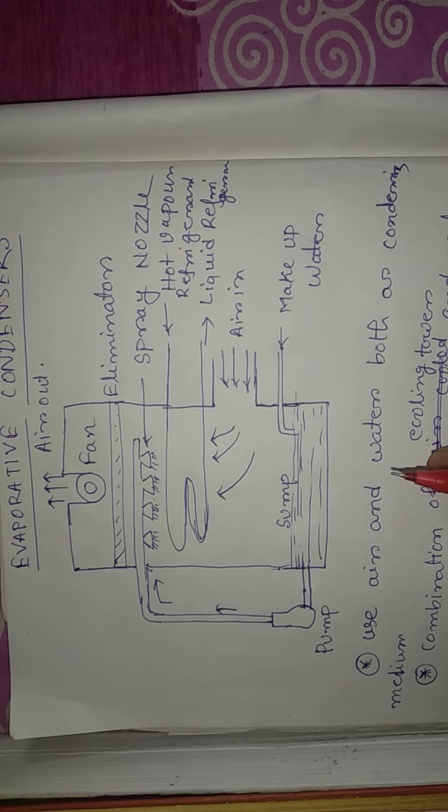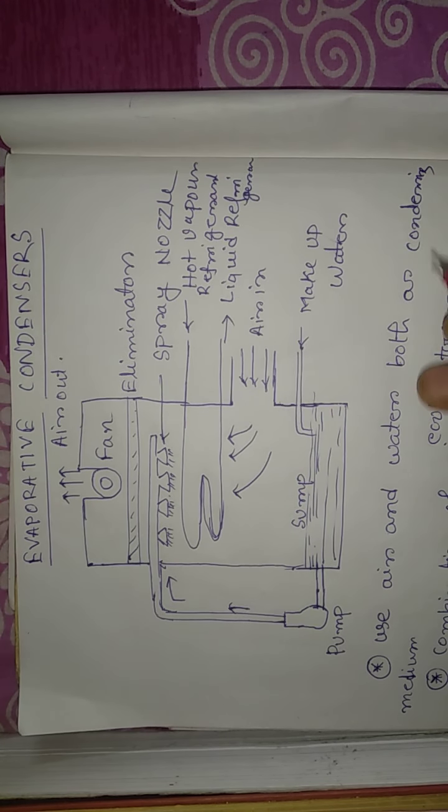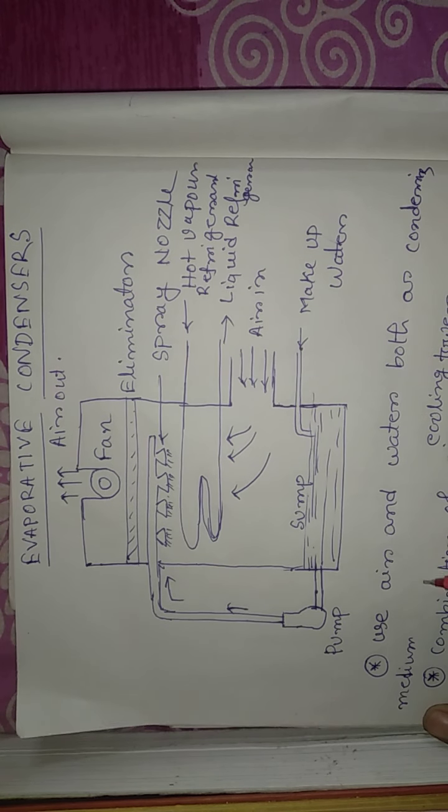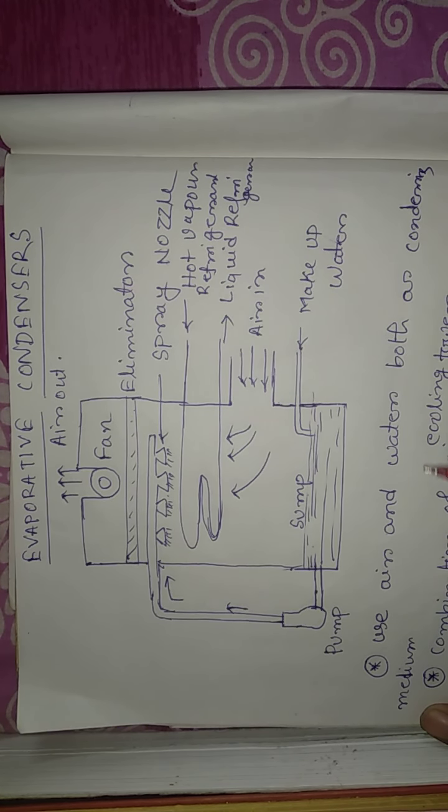In an air cooled condenser the condensing medium is air, and in a water cooled condenser water is used, as we know from the previous class. But in an evaporative condenser, both air and water are used as the condensing medium.